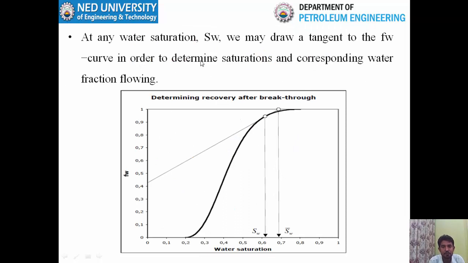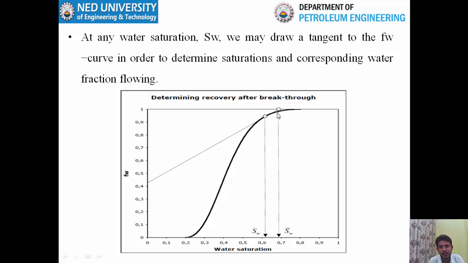And how to calculate slope? Again we need to draw a tangent to this curve at a particular saturation, and from this tangent we can calculate the slope, and slope is calculated from y2 minus y1 divided by x2 minus x1.